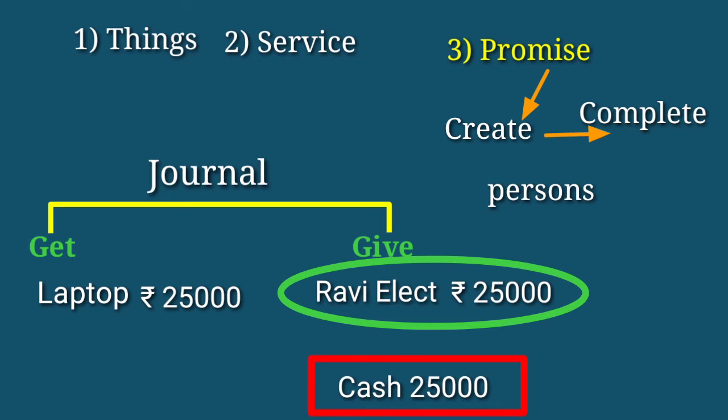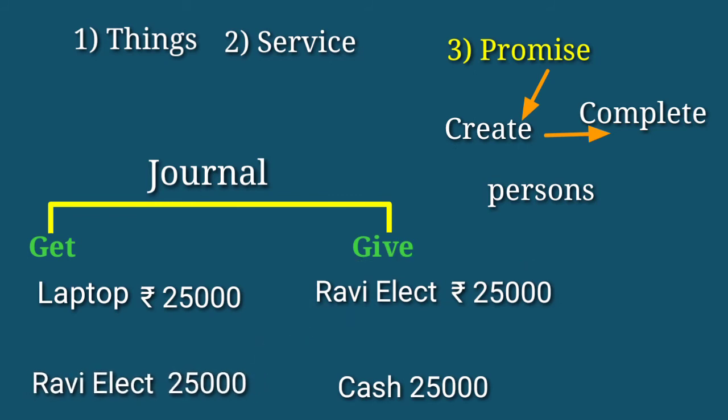I give cash, and we need to reverse this Ravi Electronics. So when we complete the promise, we can just reverse it. We can write here Ravi Electronics. Nothing is getting, just reverse this Ravi Electronics.